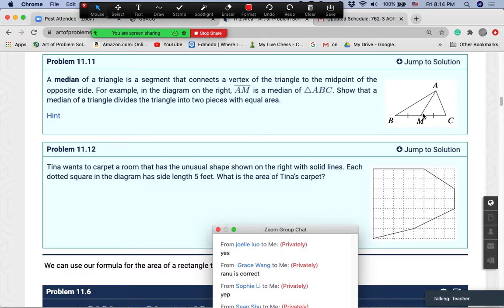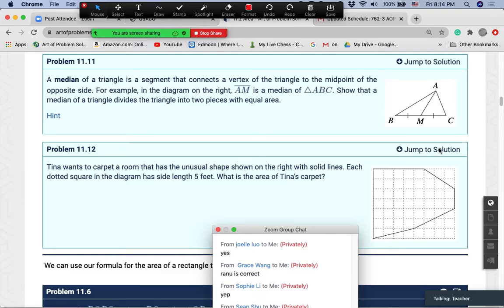If you connect AM, this AM is called the median on segment BC. This one connects from vertex A to the midpoint of BC. You got this AM.